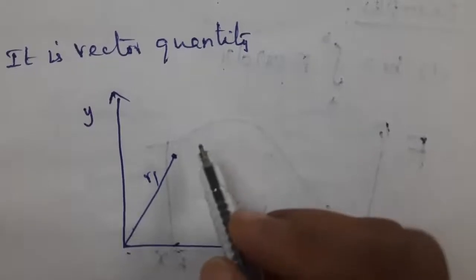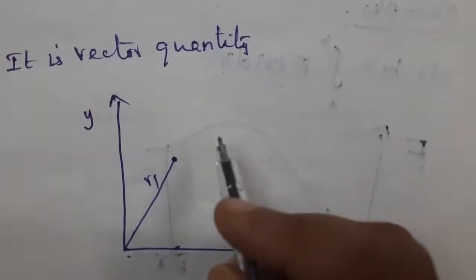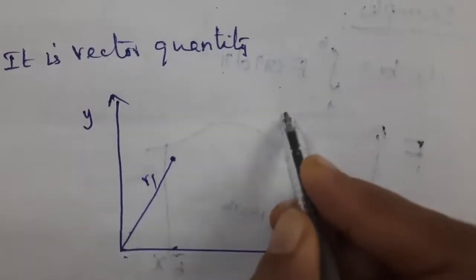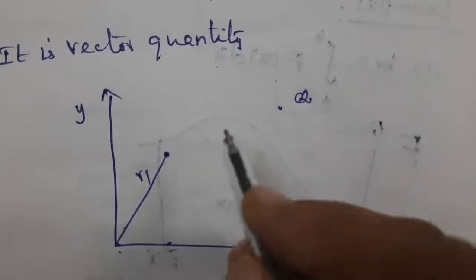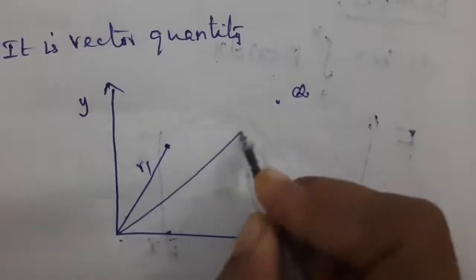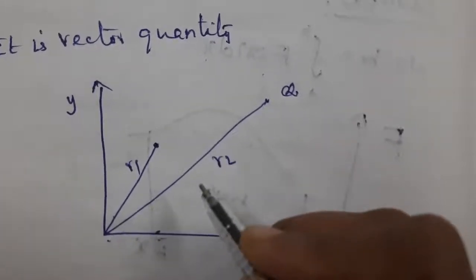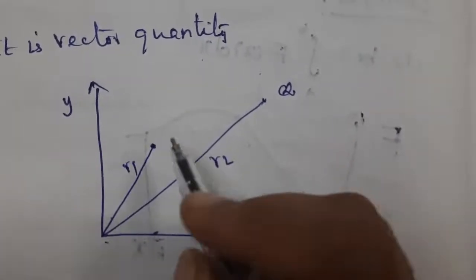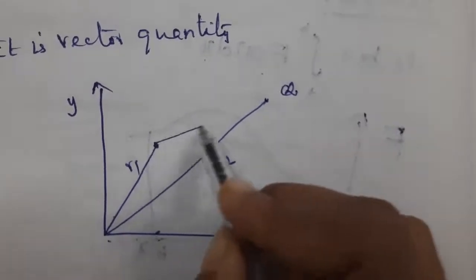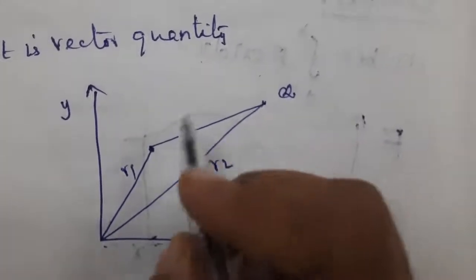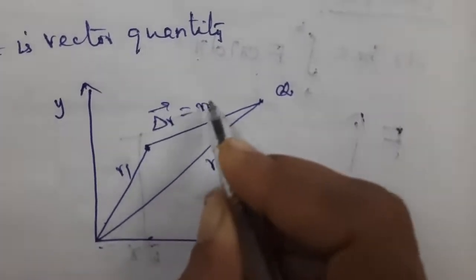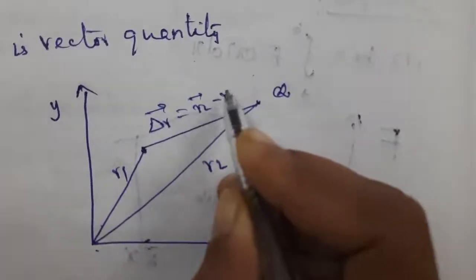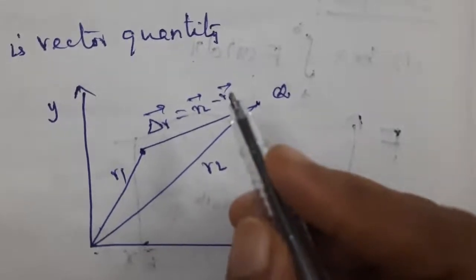After the time interval t, the particle moves to the point Q. Here the position vector we can draw as r2. So now what is the displacement? This is the displacement. So displacement vector delta r vector equals r2 minus r1.